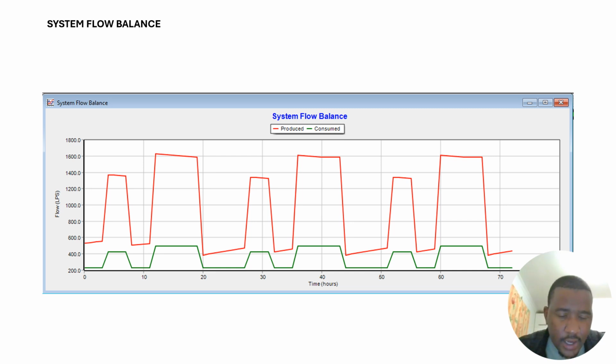As you can see, the red line is always above the green line, so we have more flow on the produced side. You're producing more water than is being consumed at all times. On the peak hours at the bottom there, if the consumption is at peak, then the produced water is also at peak. In this way, you always have water running in your system, which shows the design is successful.